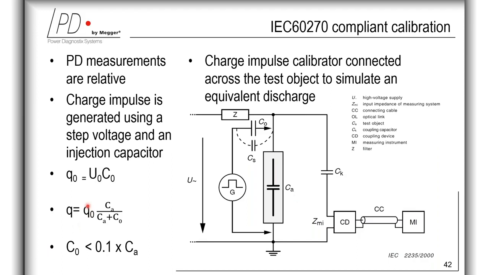Otherwise, the intended charge Q0 is lowered to Q as a function of these capacitances. The relevant standard, 60270, sets the permissible limit for C0 to be lower than 0.5 times the capacitance of the device under test.